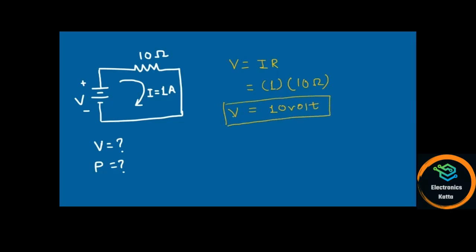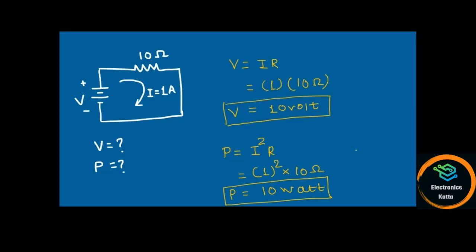Now the power P can be given by I square into R, which is 1 square into 10 ohms. So we get 10 watts, and the power dissipated across the resistor will be 10 watts.